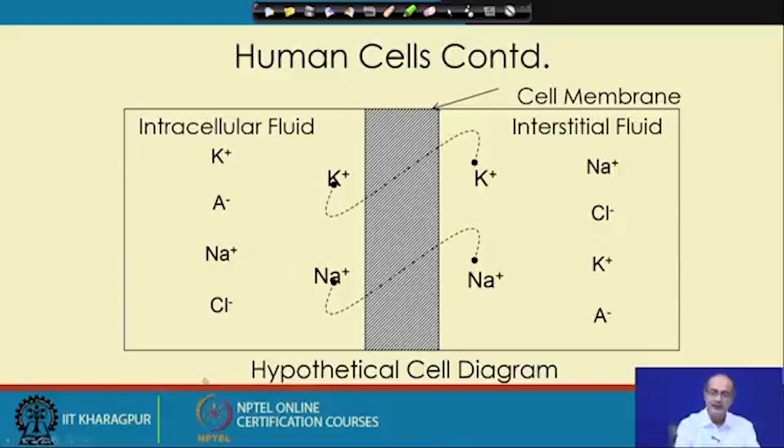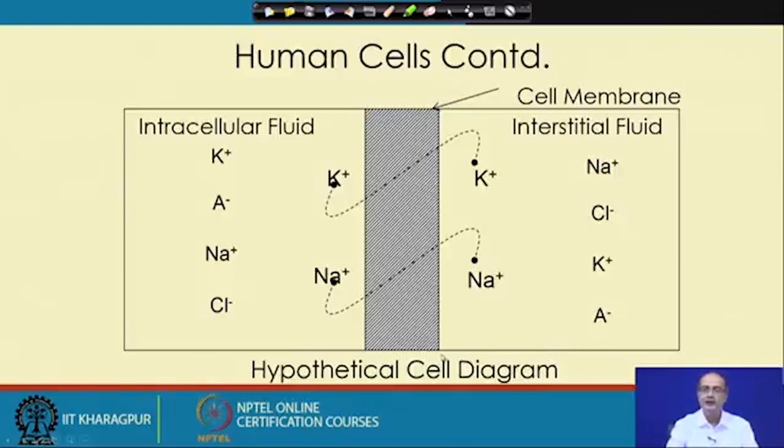Inside the cell, the concentration of potassium ions and the bigger anions is higher compared to the outside, and outside the cell we have more sodium ions and chlorine ions, and because of that there is a concentration difference between the two parts, within the cell and outside the cell.